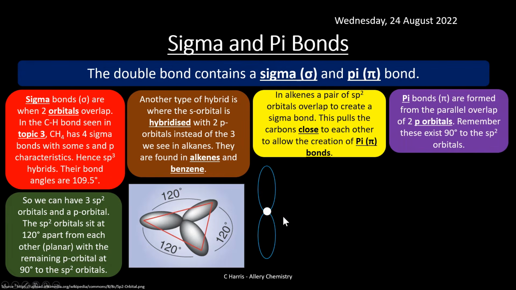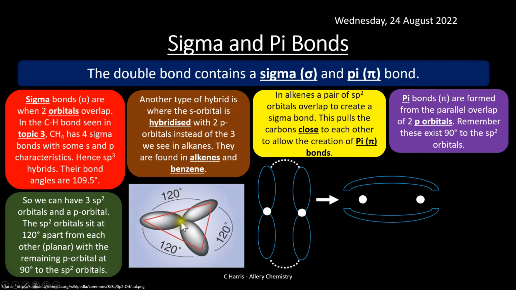And actually what you then have are these orbitals on the top here. Remember you had this p orbital that isn't hybridized on the top here. Now this can overlap with the carbon atom next to it, and this is called a pi bond.